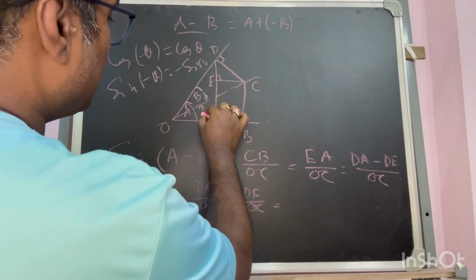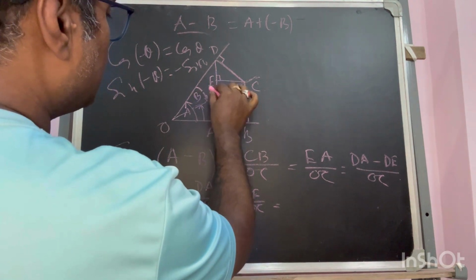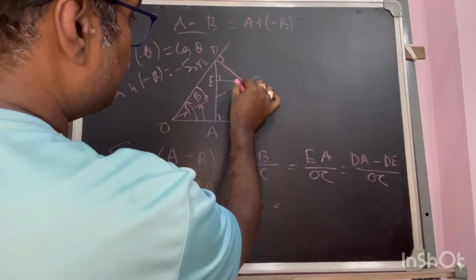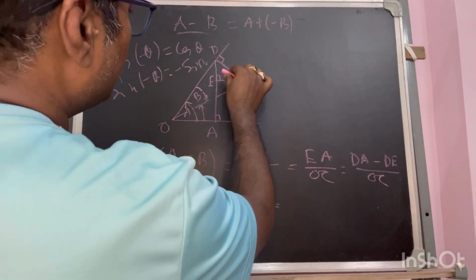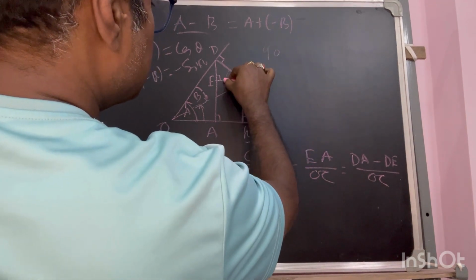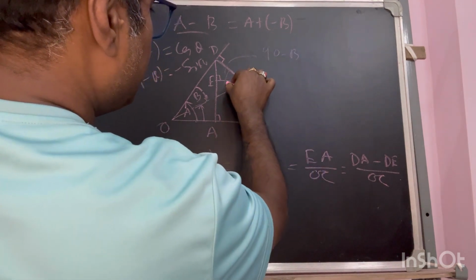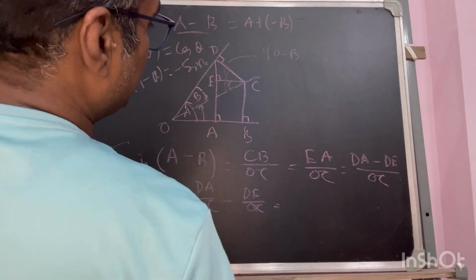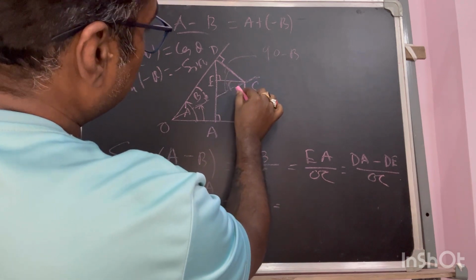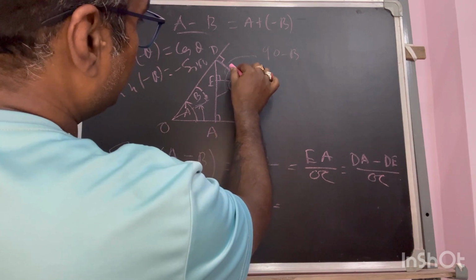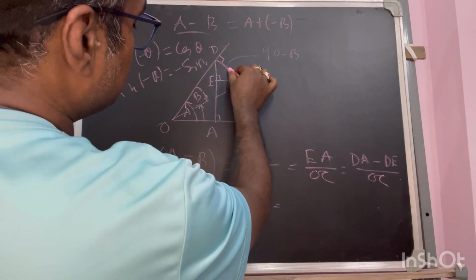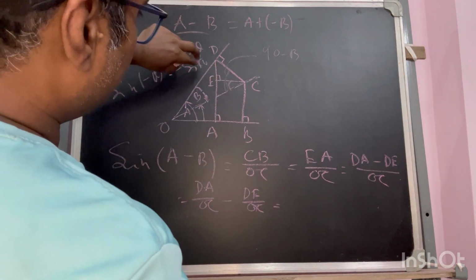Follow the same thing. Now, if this is some angle, if this is A minus B, and this is parallel to it, this is A minus B, and if this is B, then this angle is 90 minus B. This is A minus B, this is B, this is 90 minus B. So what is this angle now?